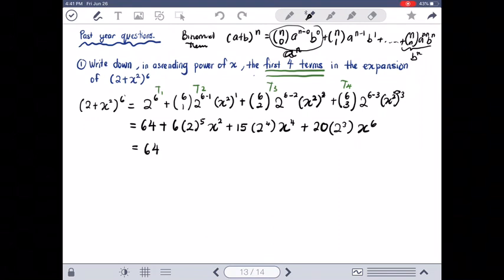So 64 plus 6 times 2 to the power of 5, you should get 192 x squared, plus 15 times 2 to the power of 4.